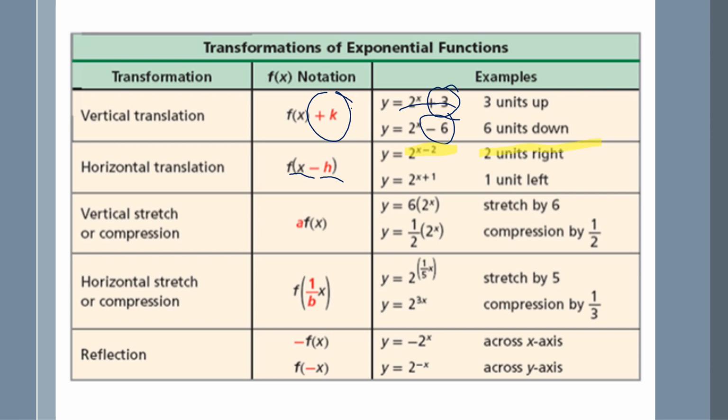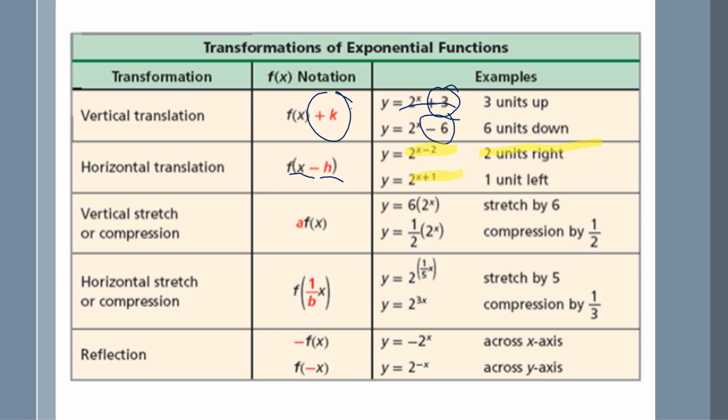Why is that? Why is x minus 2, why does it go right instead of left? That's something to ponder about. What if it's positive 1? It goes left. So keep those in mind.